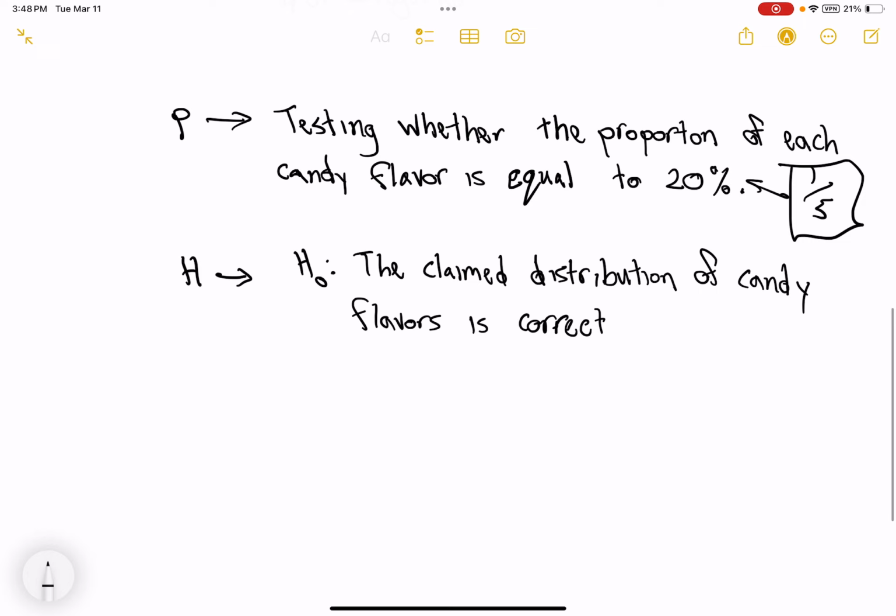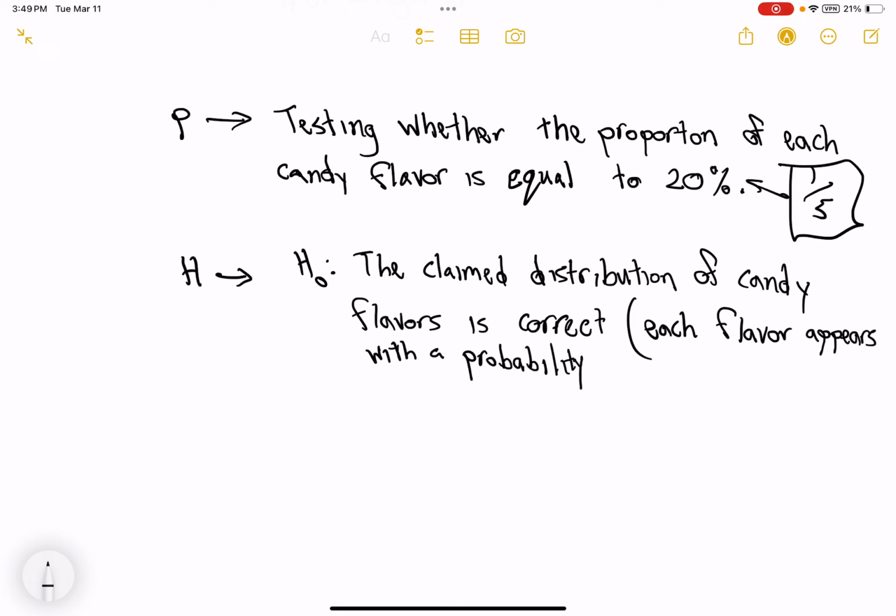And another thing you could potentially add, if you want to be extra clear, is you could say each flavor appears with a probability of 0.2, right? That's just to give more context or background.